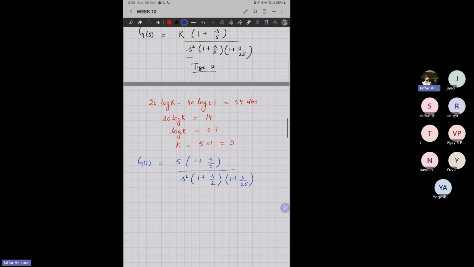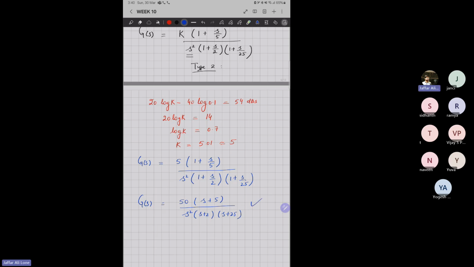In that case, just take common here. So you'll take 5 common and there 2 common and 25 common, or there are other ways to write it, just do LCM and all. And finally, you'll get the transfer function as G of s equals 50 into s plus 5 divided by s square into s plus 2 into s plus 25.